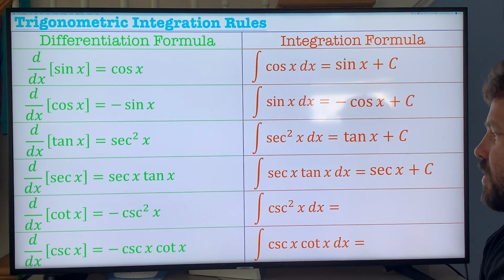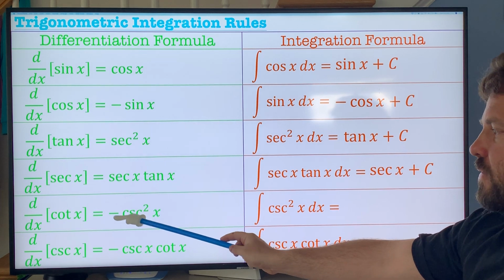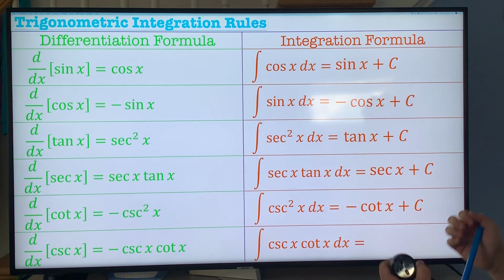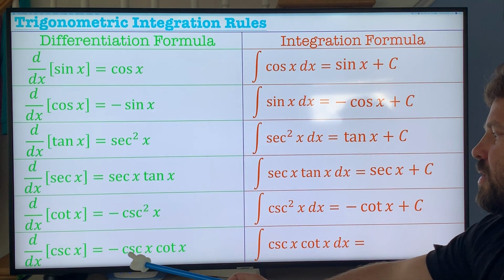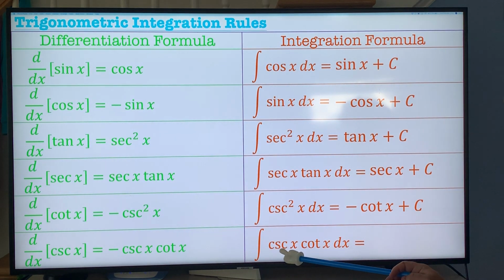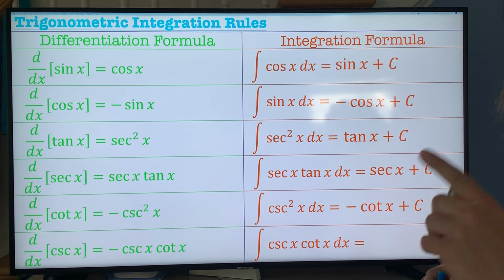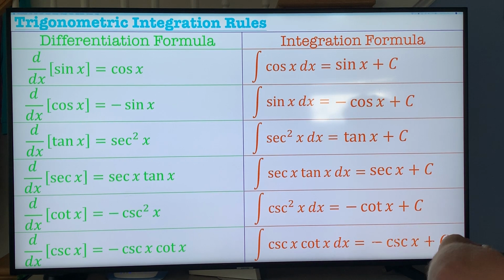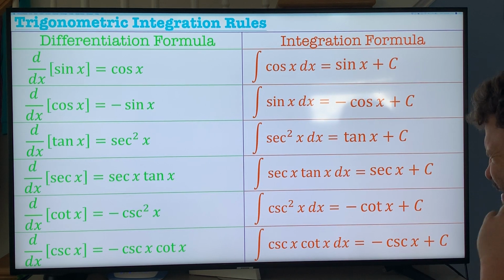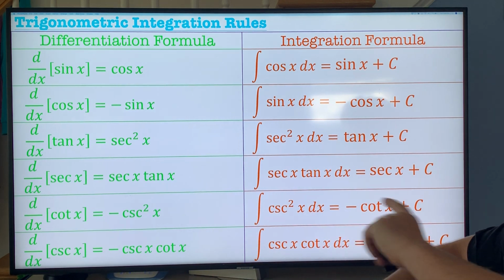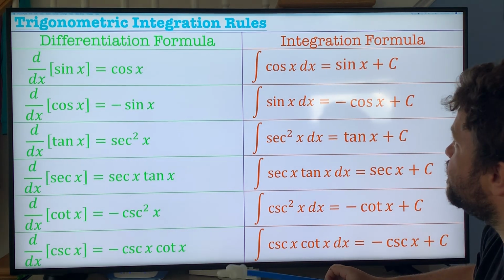Therefore, the integral of cosecant squared x is negative cotangent x plus c. Derivative of cosecant is negative cosecant x cotangent x. Go backwards: negative cosecant x plus c. See? Opposites. It's not really doing the opposite. It's more of an inverse opposite mixture type thing.